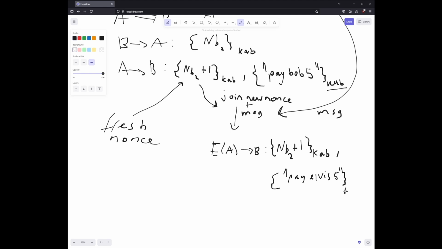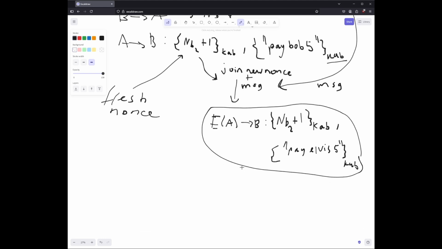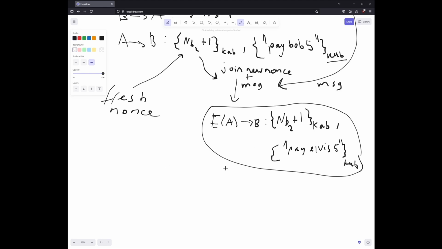And then KAB. So assuming that the session key doesn't change, Elvis can then manipulate the messages to look as if Alice wants to send Elvis 5, and then B will be like, okay, and send Elvis £5, which is not what's intended, and hence we've completed this reflection attack.